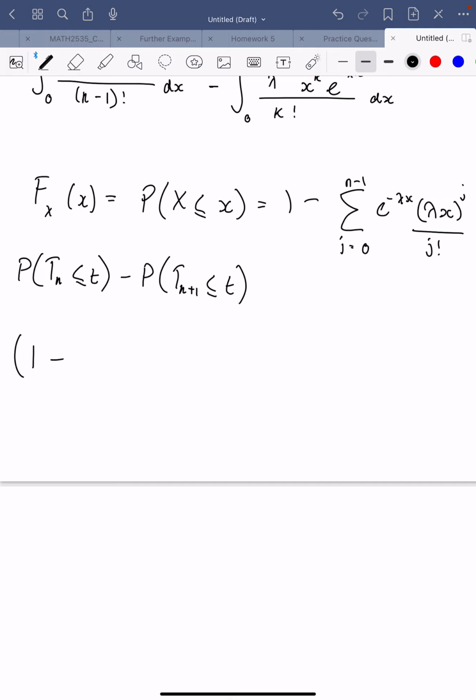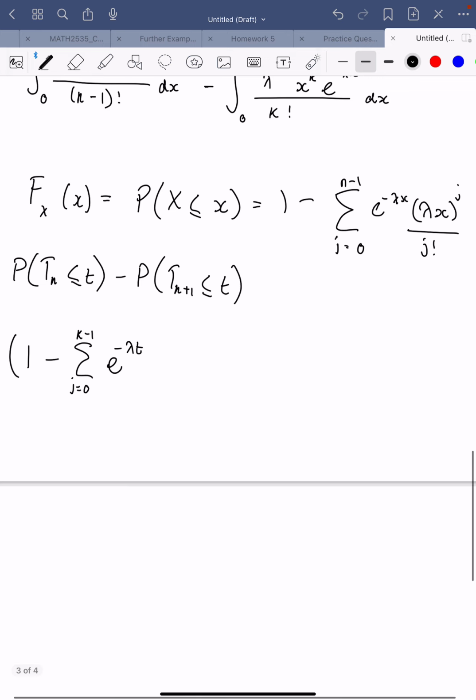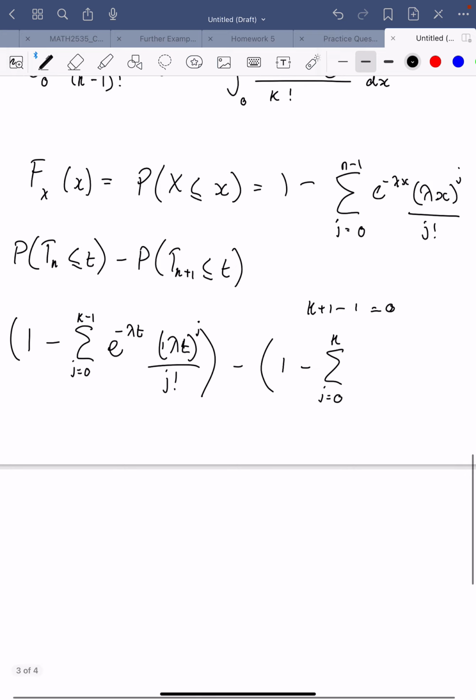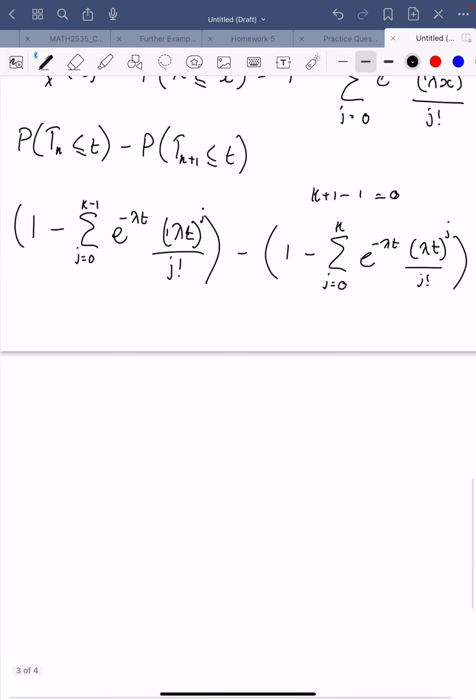So this is then going to be 1 minus the sum from j equals 0 to k minus 1 of e^(minus lambda t) (lambda t)^j over j factorial, minus 1 minus the sum, now this is k because k plus 1 minus 1 equals k, j equals 0, of e^(minus lambda t) (lambda t)^j over j factorial.